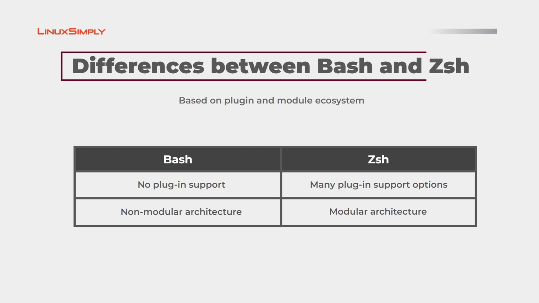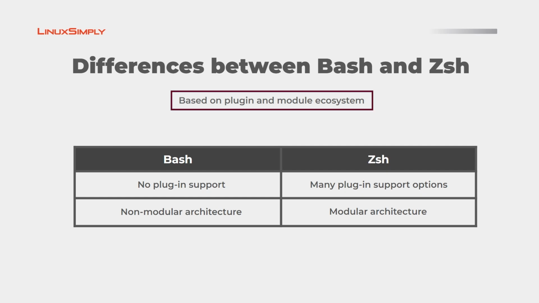Now I will be differentiating them based on plugin and module ecosystem. Bash does not support new plugins, that is, it does not allow you to import new plugins or modules into the system, whereas in ZSH, different plugins or modules can be imported.